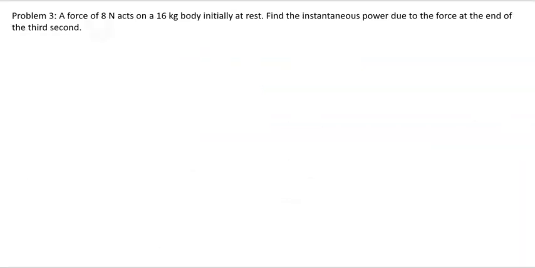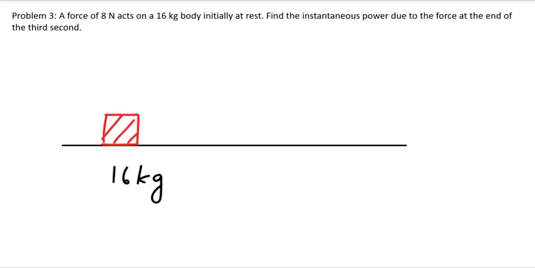Problem 3. A force of 8 newtons acts on a 16 kg body, initially at rest. So what is the instantaneous power due to the force at the end of the third second? So a force of 8 newtons is acting on it. Initially, it's at rest. So this is partly a kinematics problem.